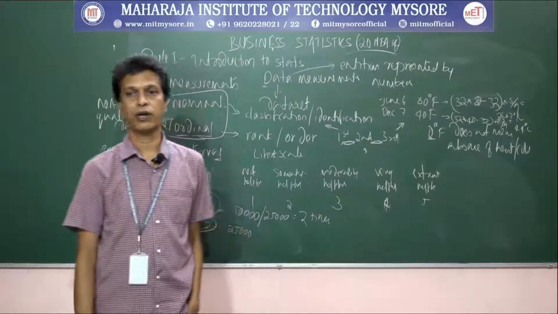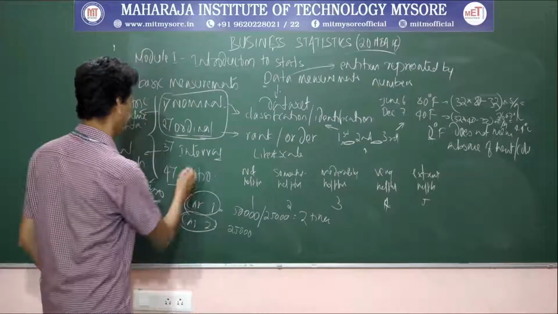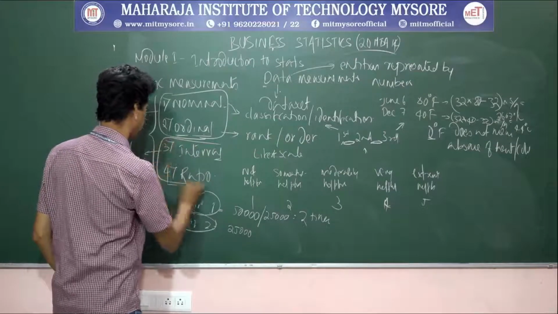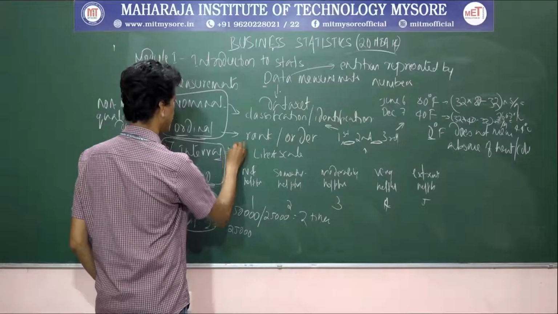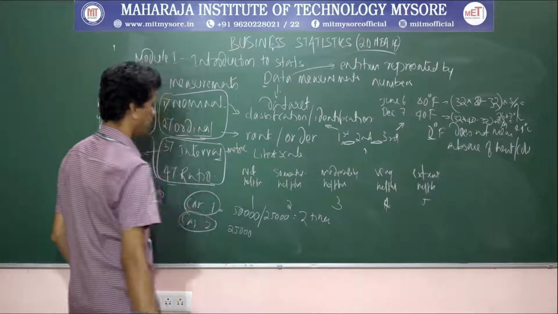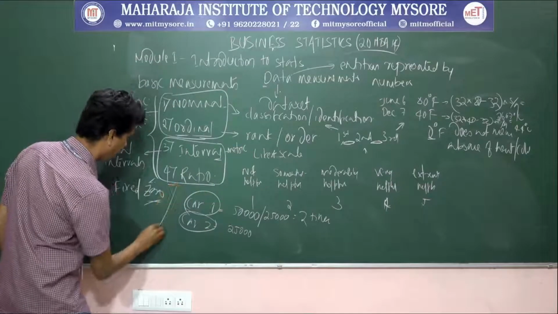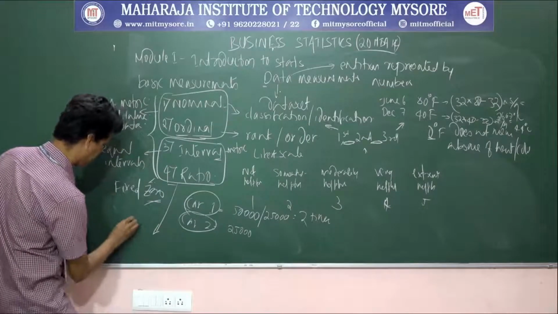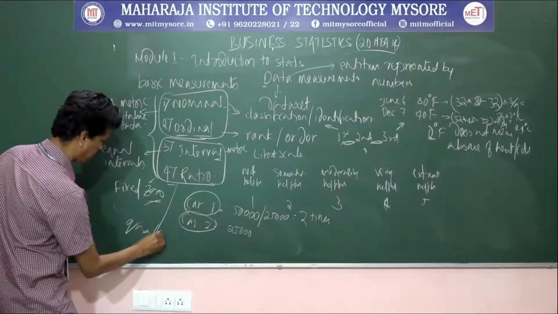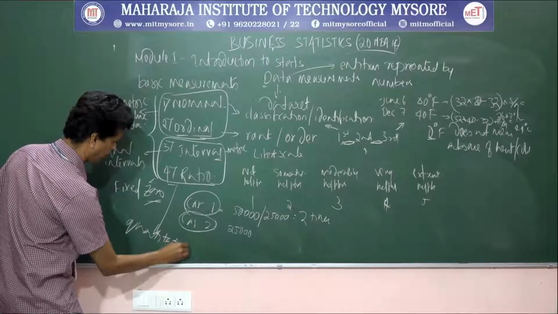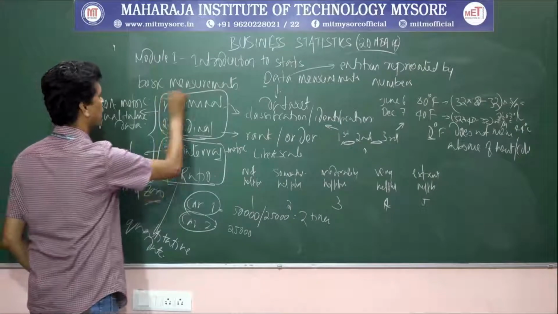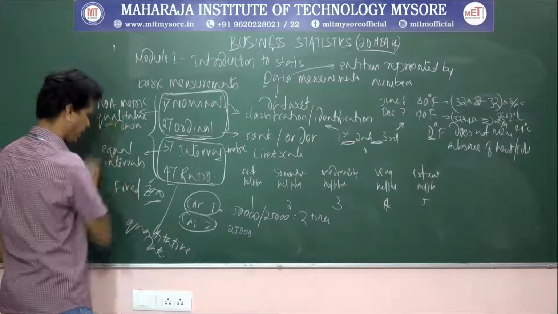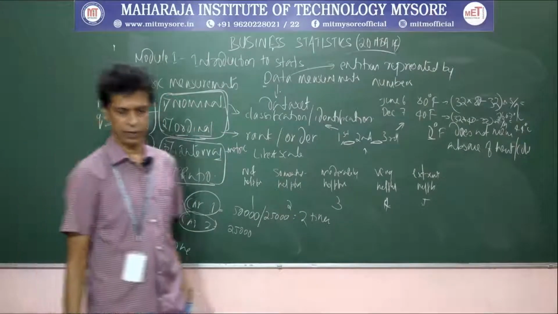Interval and ratio data are metric data, that is why we use numbers here. We use metric data, that is why we call it quantitative data. These two are qualitative data, and this is quantitative data.